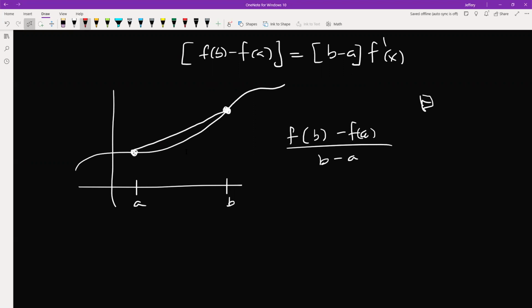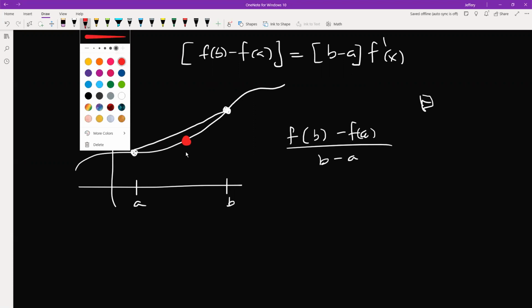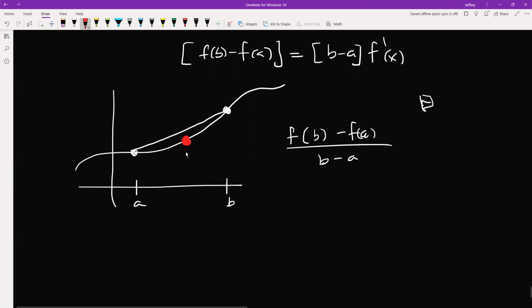And so what it says is there's some point here where the tangent line has the same slope. Bam. So they're parallel slopes at this point here. Just like that. Okay. All right.